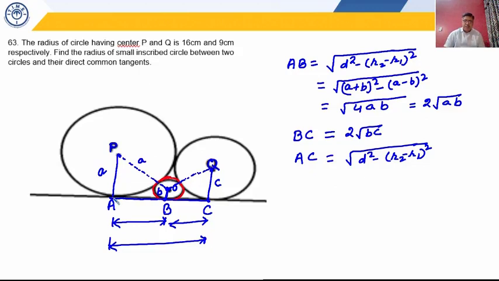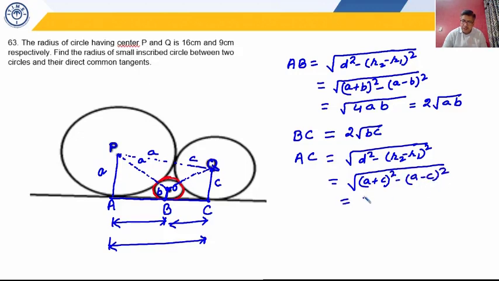If I ignore the smaller circle, then d is the distance between the centers of the two circles, P to Q, which is A plus C. So (a plus c) whole square minus (a minus c) whole square is basically 2 times under root ac. Now, according to the question, AB plus BC is equal to AC.